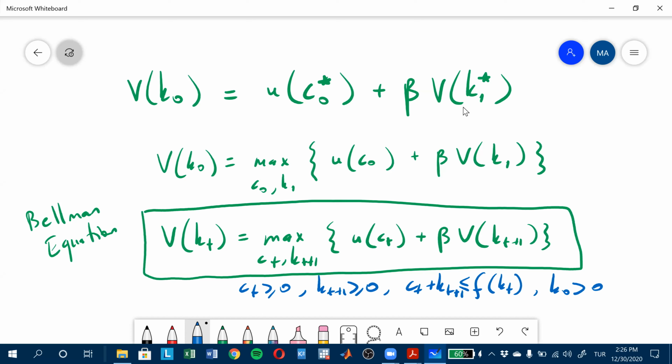From this point on, it becomes a little bit more technical, but the idea is that this is an equation that solves a function. If you are looking for an unknown here, that unknown is a function V. I will explain that, so don't be upset.